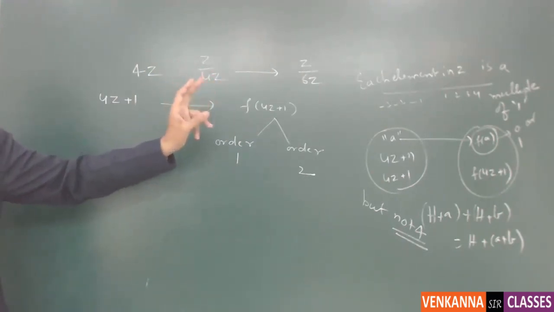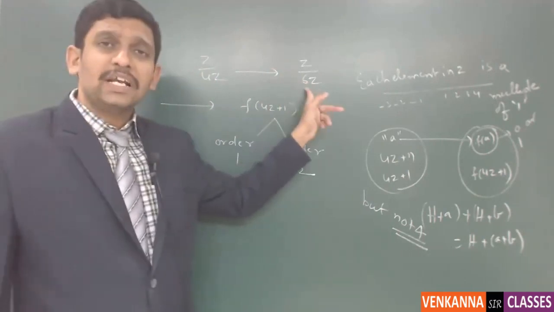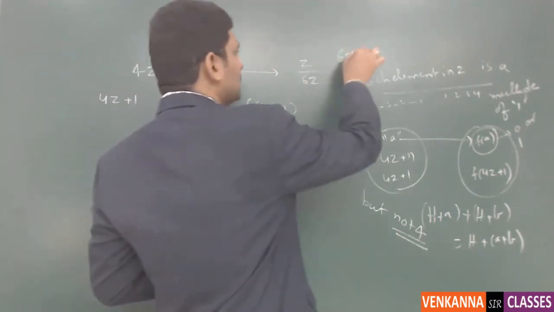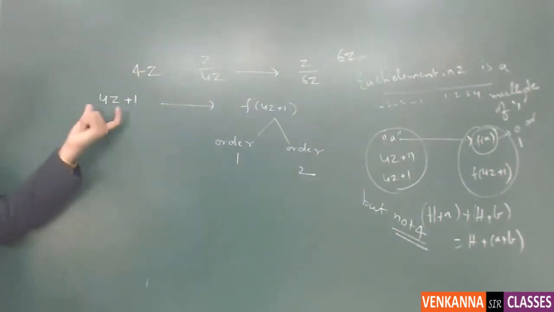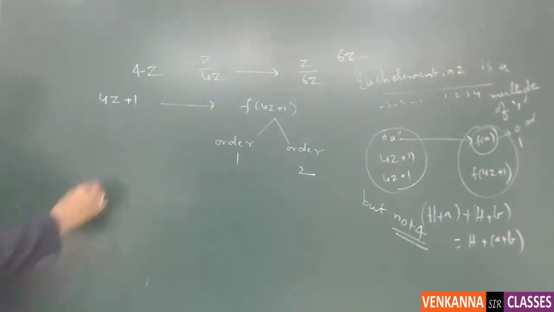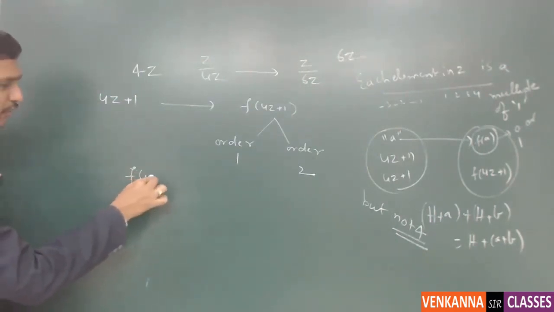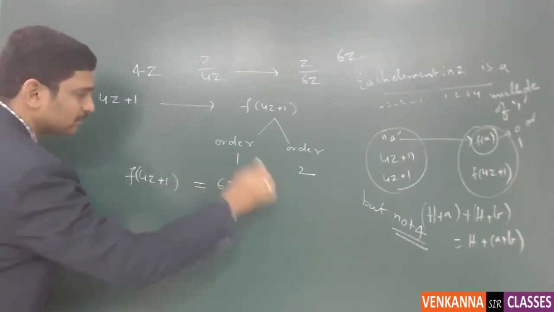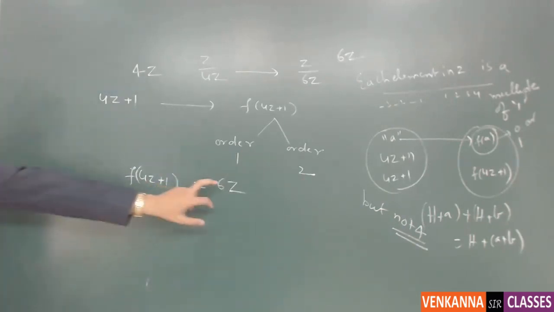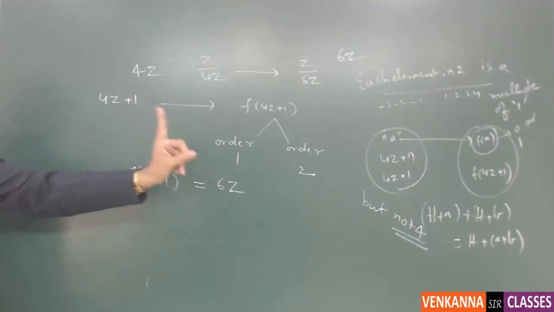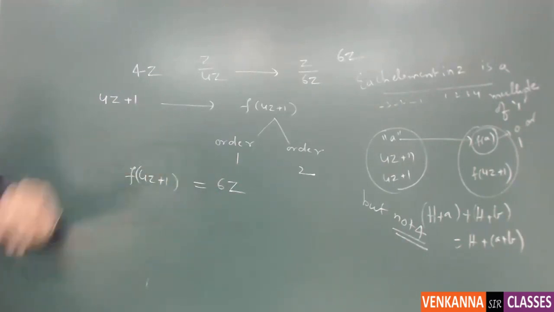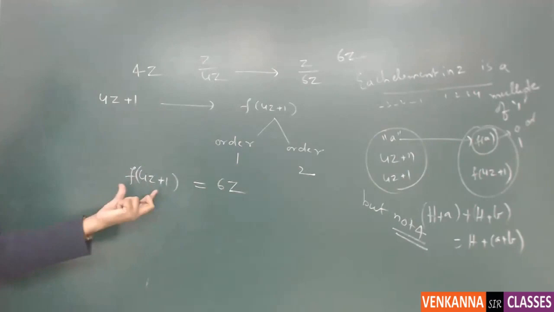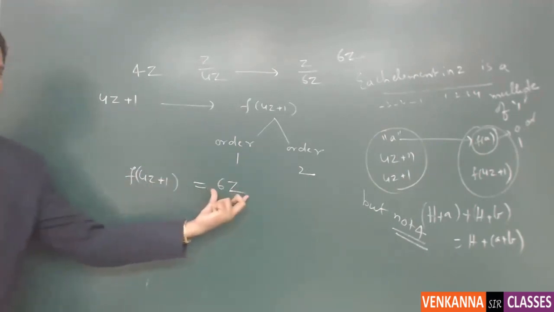We are taking the cosets. So if you want to pair the element, you are going to pair 4z plus 1 with the identity element, because the order of this thing is nothing but 1, because we have taken the identity element pairing. So f of 4z plus 1 we write like this.